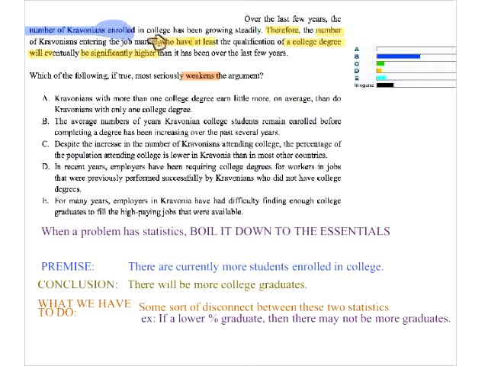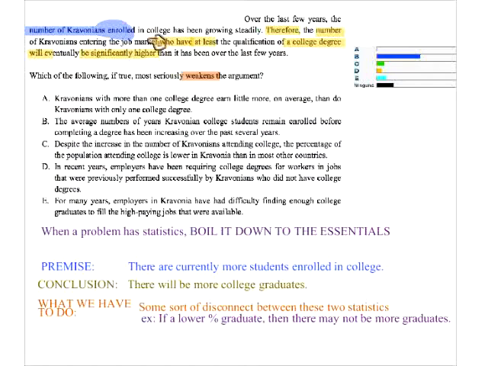I don't know why they would do that, but let's say you had a huge increase of people. Yeah, that could work if they went to graduate school afterwards. Or if you had a big increase in the number of people getting degrees and then going to be homemakers or something like that. So that could work.